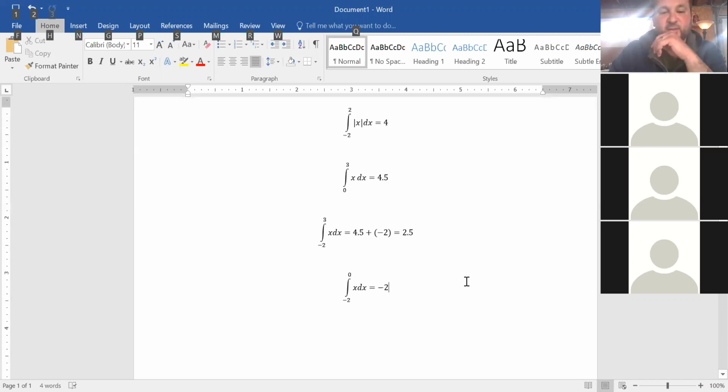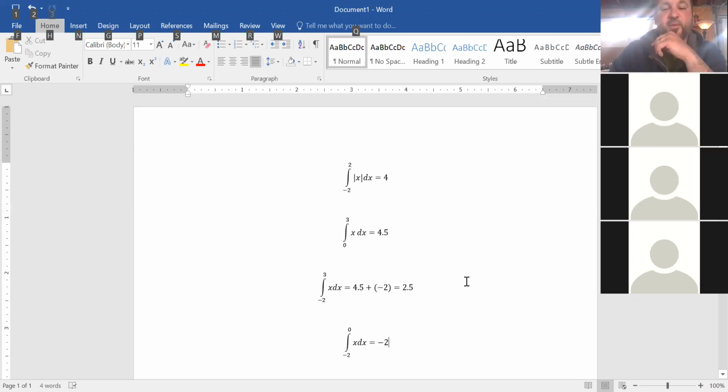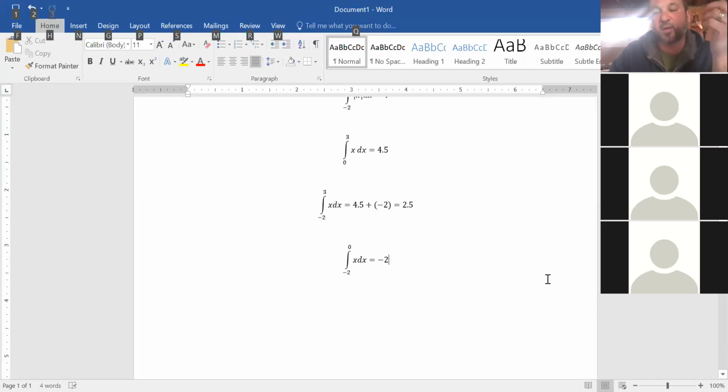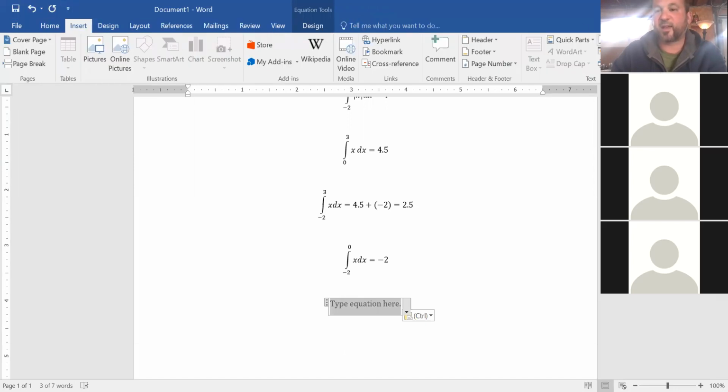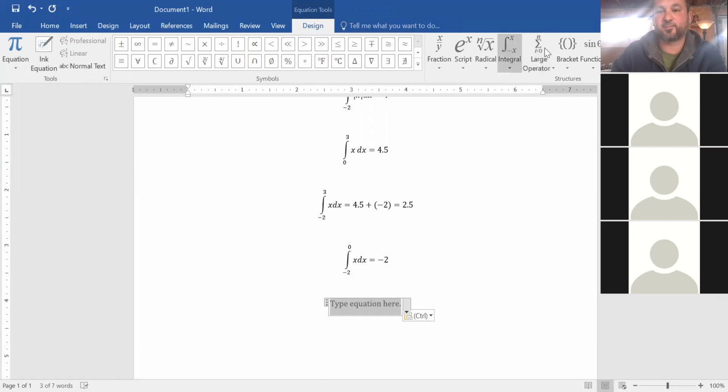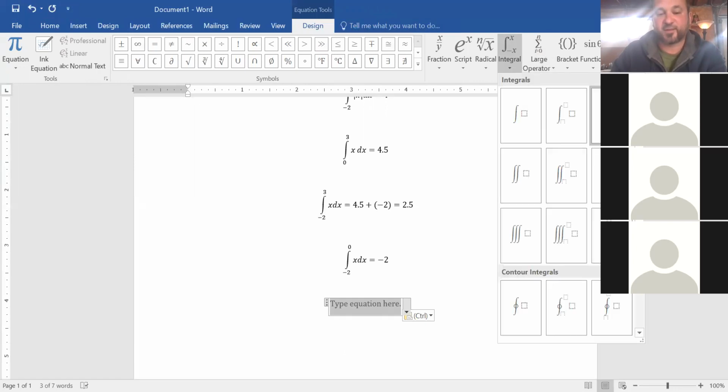All right, so these are all ones that we've been able to just calculate geometrically because we can draw them. What about a space that we can't do geometrically? This was one that we were looking at last class, but we didn't write it out like this.